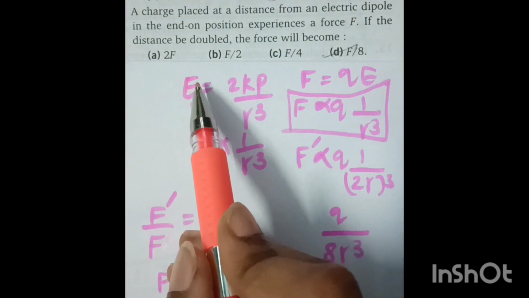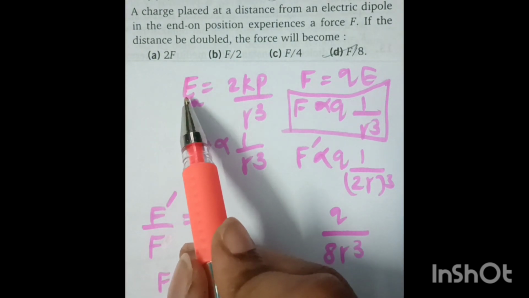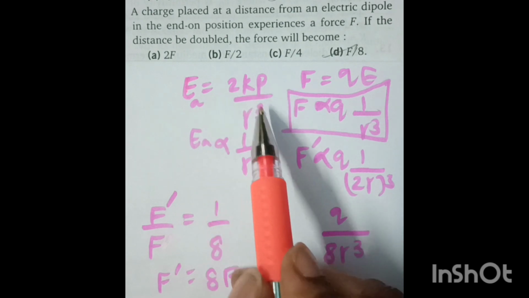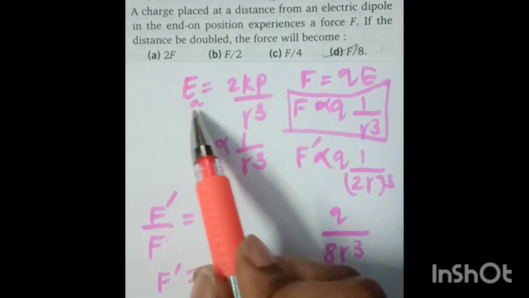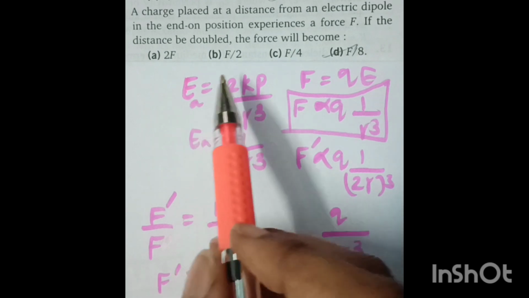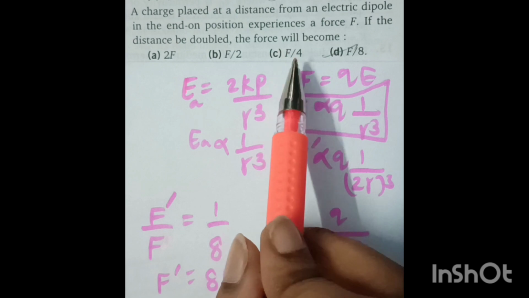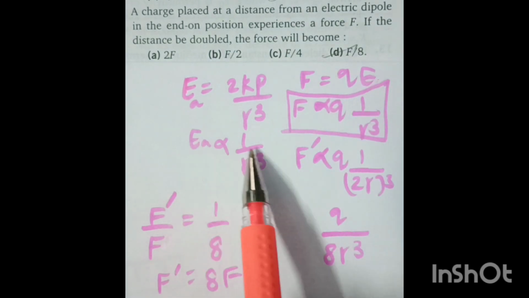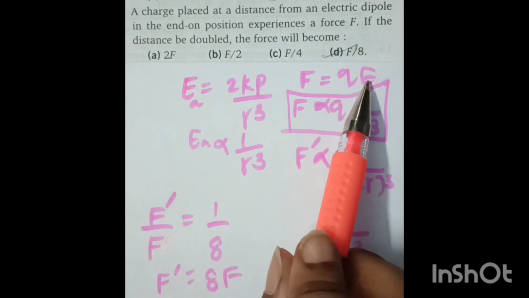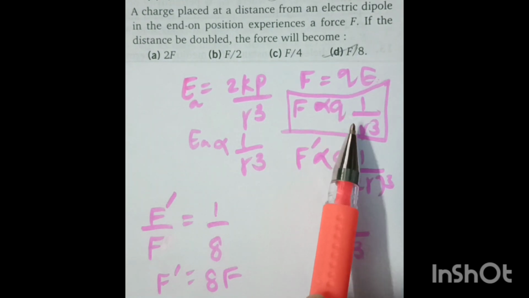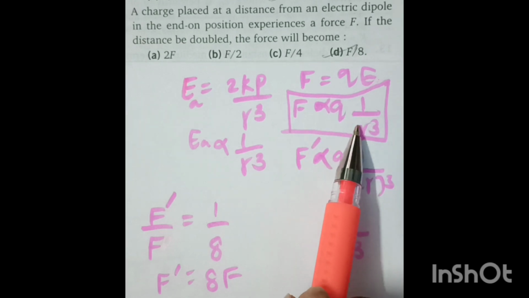We know the general formula for the electric field at an axial position due to a dipole is 2kp by r cube. So E is inversely proportional to r cube. That is what we have to note. What is the force on the charge? F equals Q into E. Here E is proportional to 1 by r cube, so F is directly proportional to Q by r cube. This is the general case.